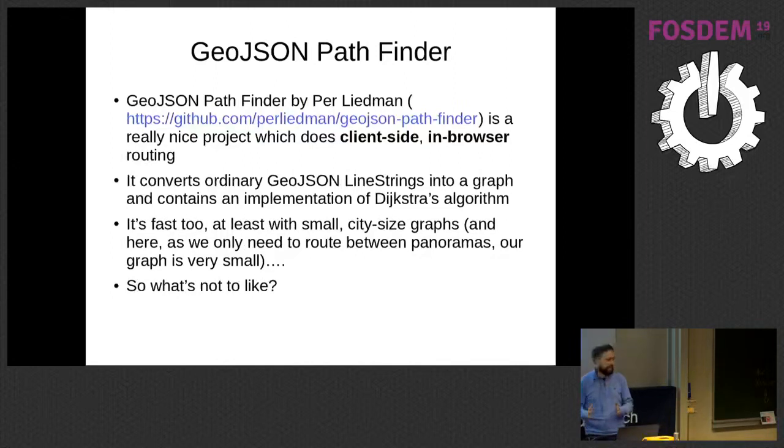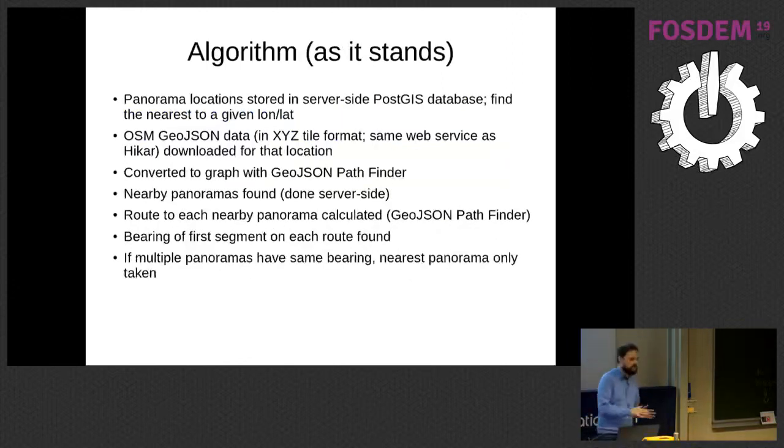So really, it's meeting everything we need. I thought, well, this will be the way to go. What's not to like about it? Particularly as the routing, in my use case, is over a very small area. We only need to route from one panorama to adjacent ones. And if there are several panoramas along a particular path, then obviously that area is very small.